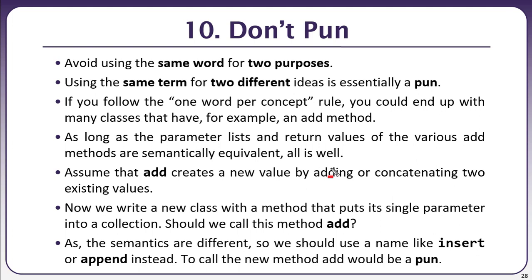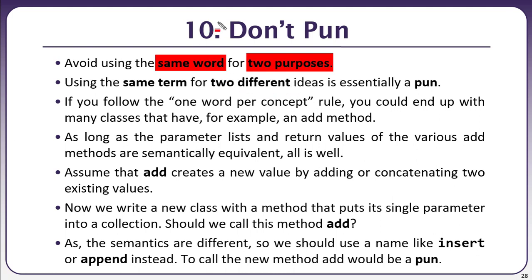In contrast to that, you should not be using the same word for different purposes. यानी अब आपने एक ही नाम को मुख्तलिफ concepts के लिए भी इस्तेमाल नहीं करना. Because if the purpose and the functionality is different, then of course the names should be different. They should not be synonyms.